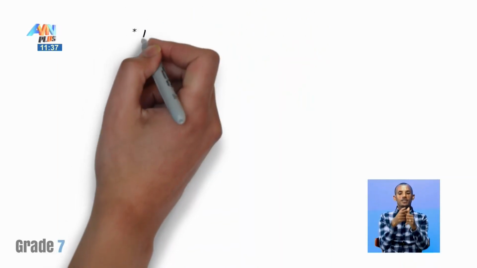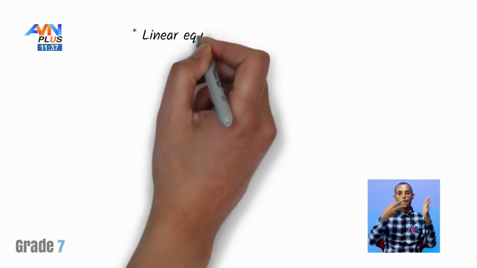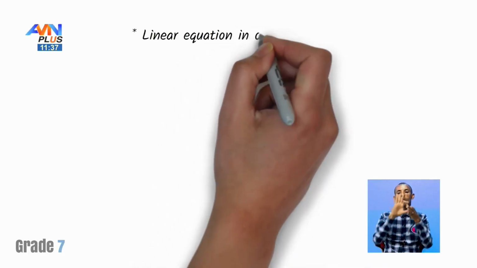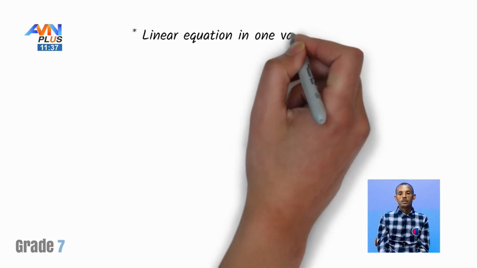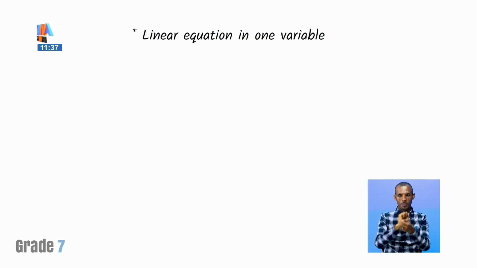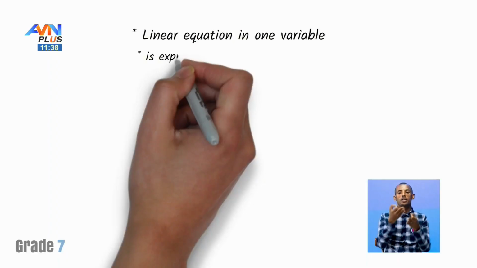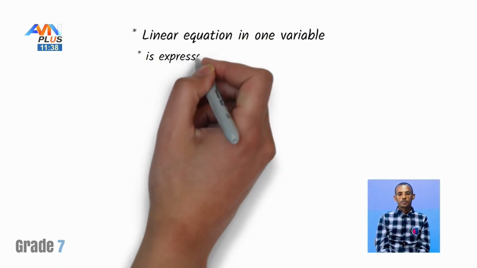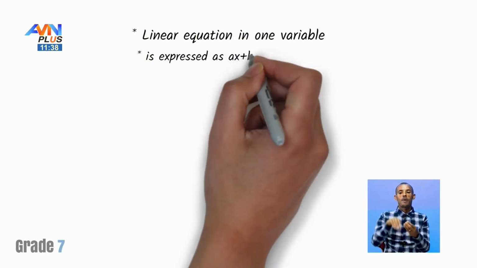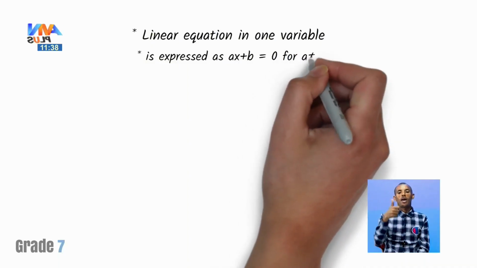First, let's start by defining what a linear equation is. A linear equation in one variable x is expressed as ax plus b is equal to 0, for a different from 0.